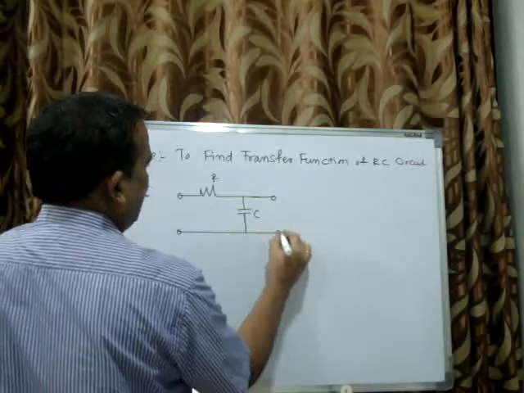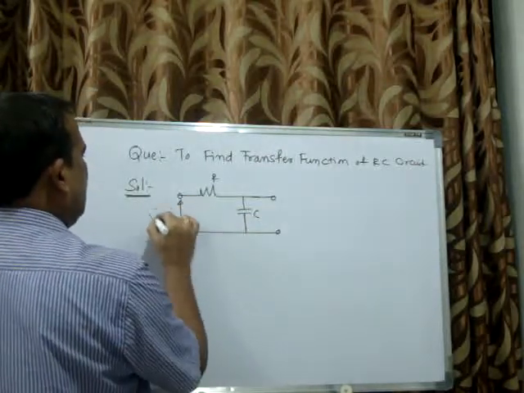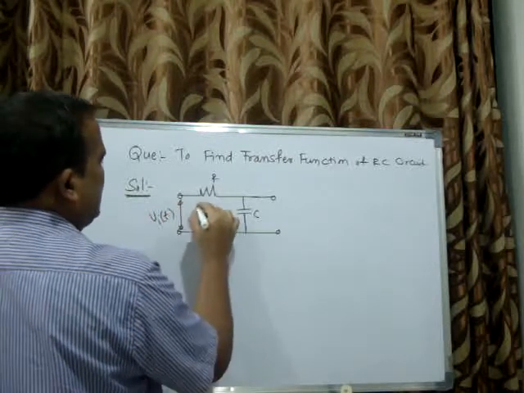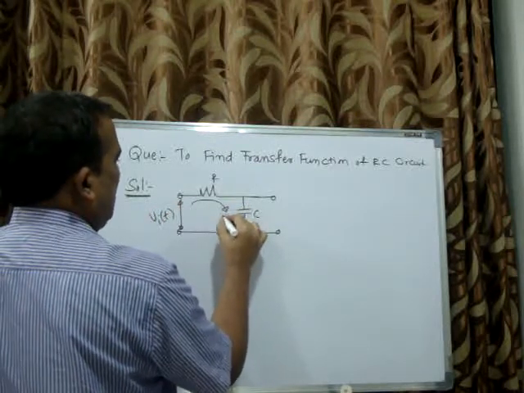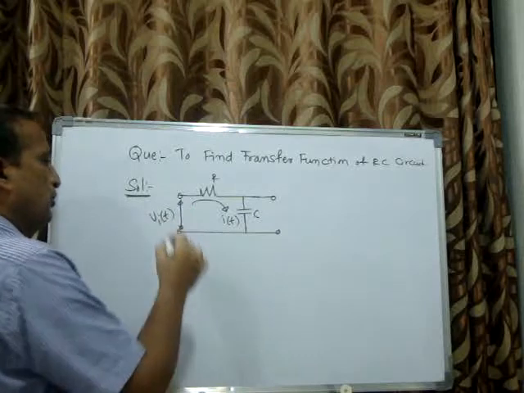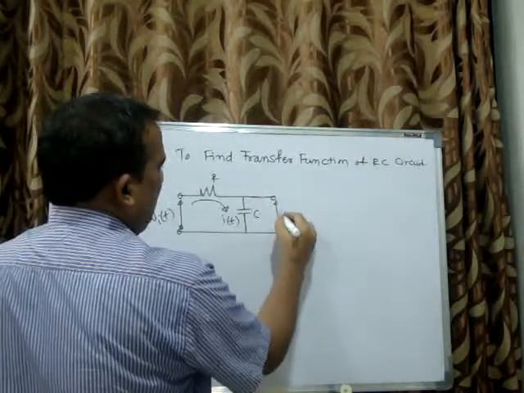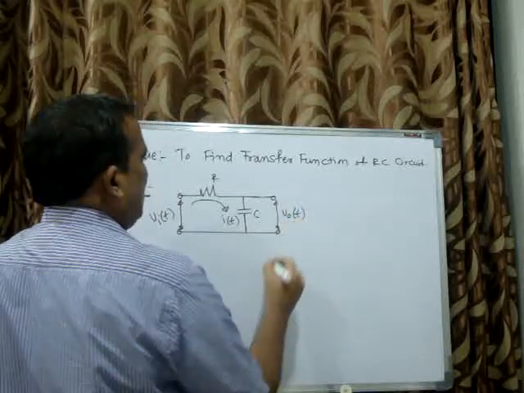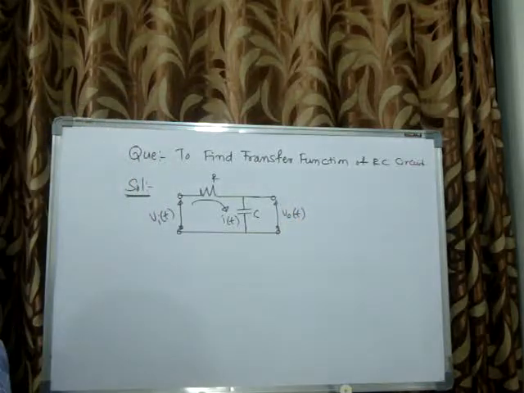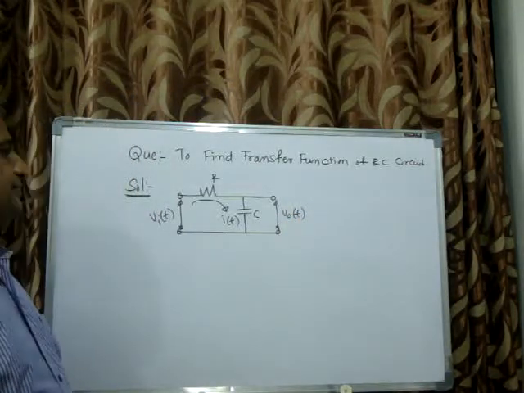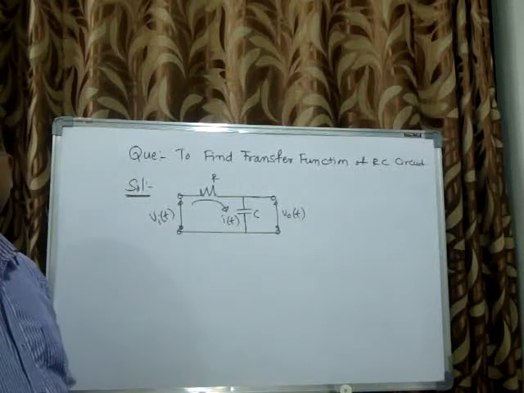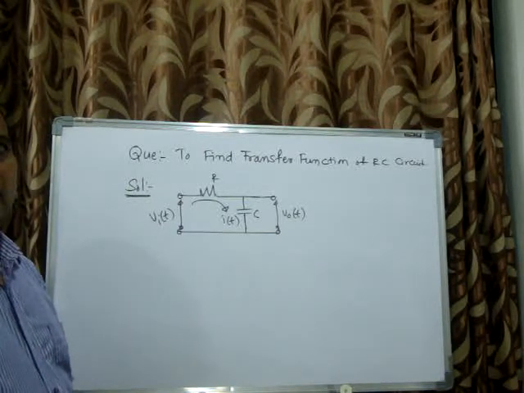R and C. Here the input is voltage as a function of time. I can vary the input so I have written it in terms of time. So output is also varying, but the rest of the parameters R and C are always constant. R is in ohm, C is in farad. Okay.